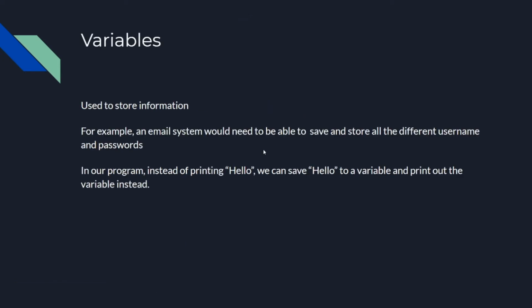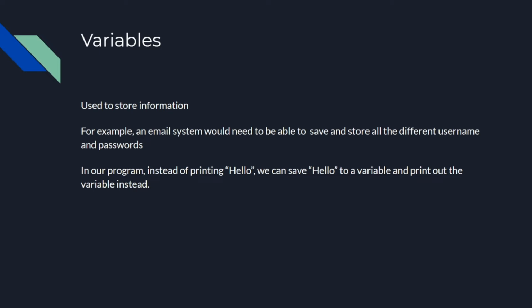Now let's talk about variables. You might have heard of them in math, but if not, variables are used to store information. And you might be wondering why this would be useful.